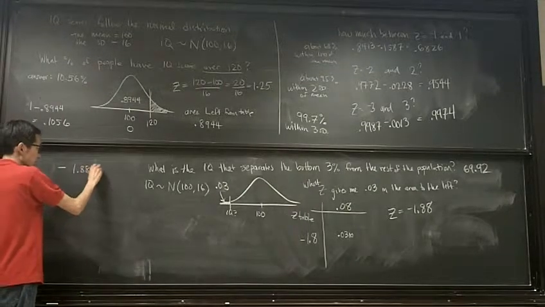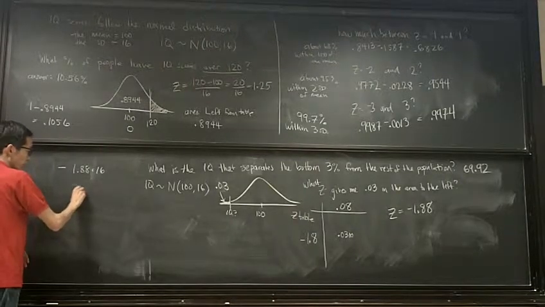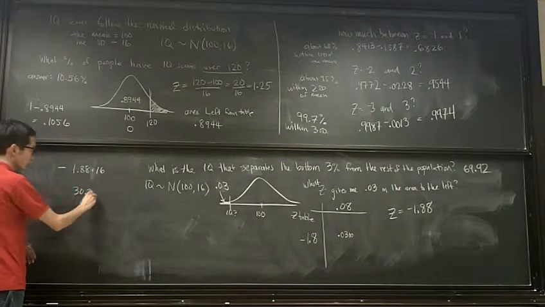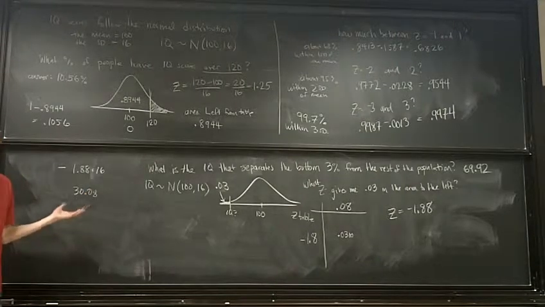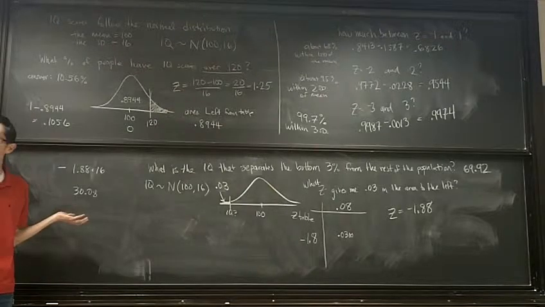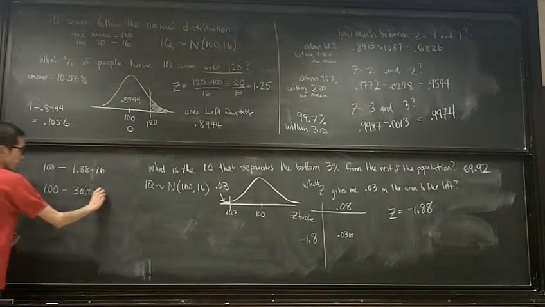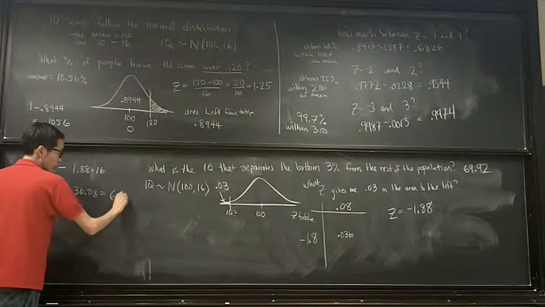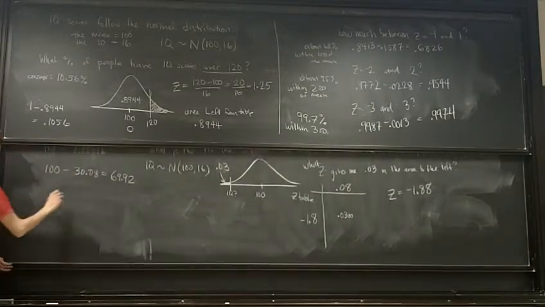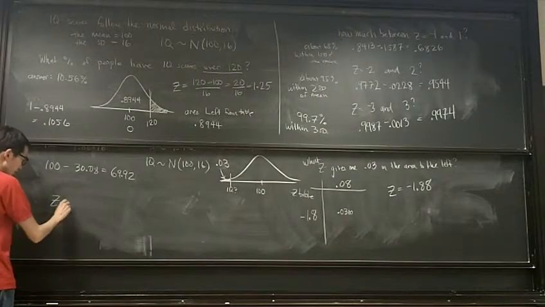So I multiply that by 16, which gives me basically 30.08. So I'm 30.08 IQ points below the mean. What was my mean? 100. So I do 100 minus this, and that gives me 69.92.